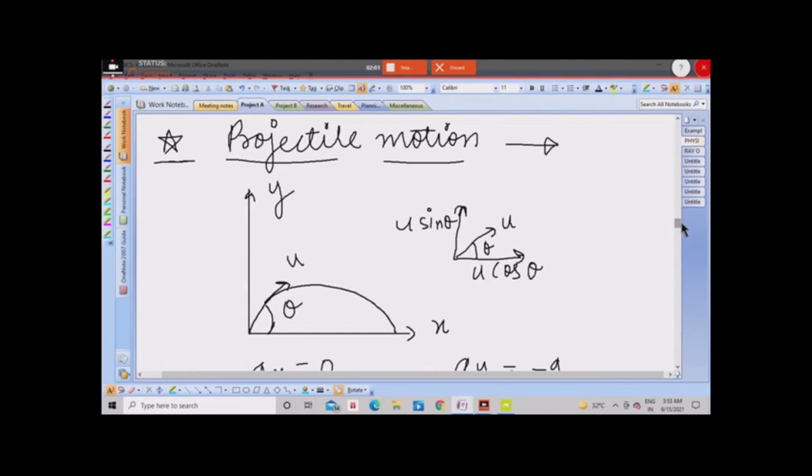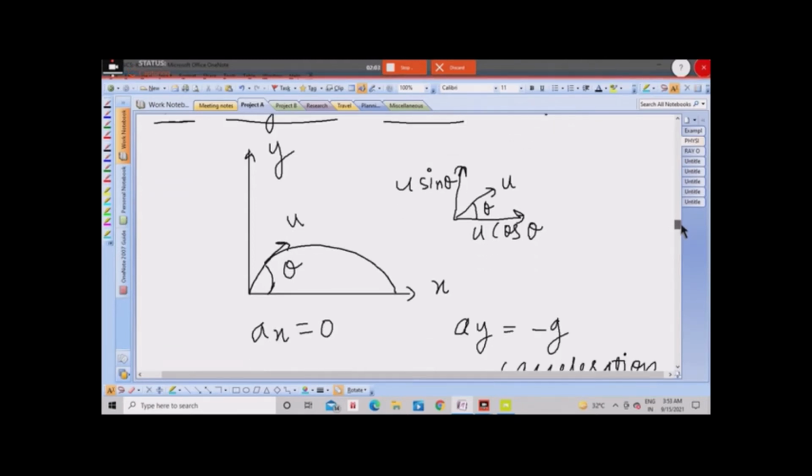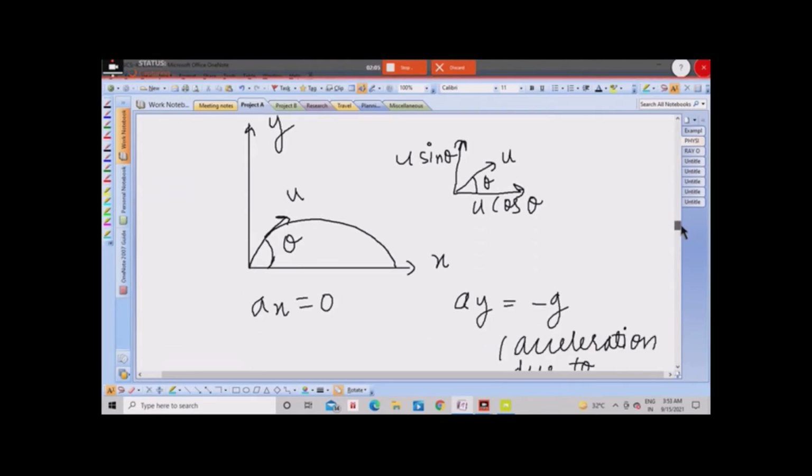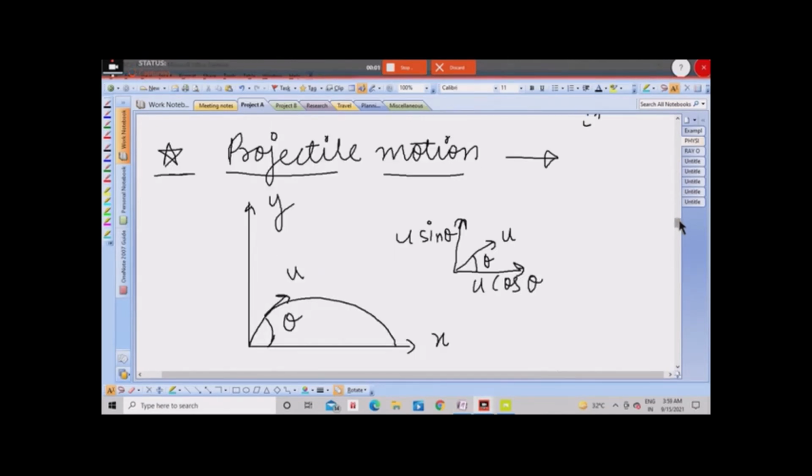So this is x-axis and here is y-axis. So in projectile motion, जो ऑब्जेक्ट है वो पैराबोलिक पाथ में जा रहा है in 2 dimension.